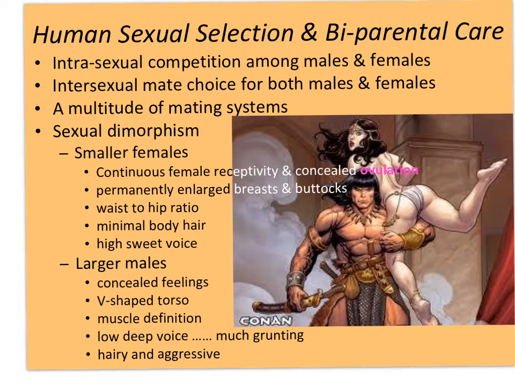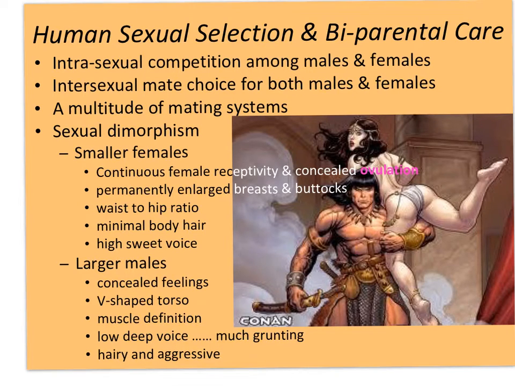And also, nice butts and all that. Waist to hip ratio. Females usually have less hair. I kind of like that. Also, females have a high, sweet voice. And that's really sexy.